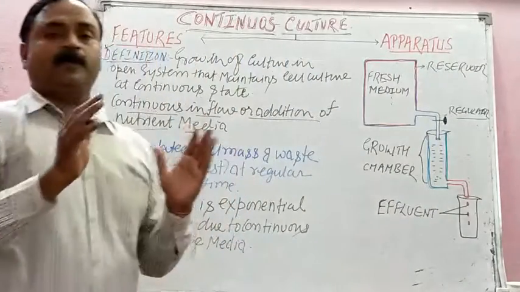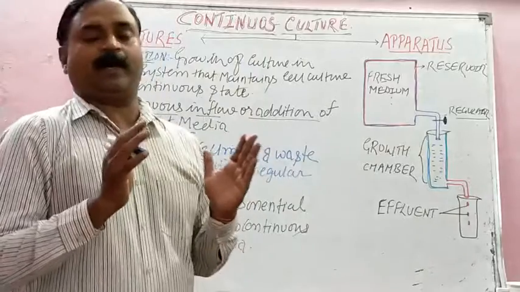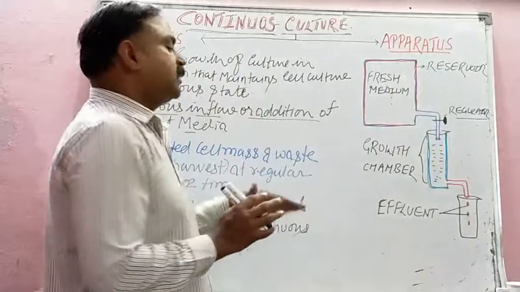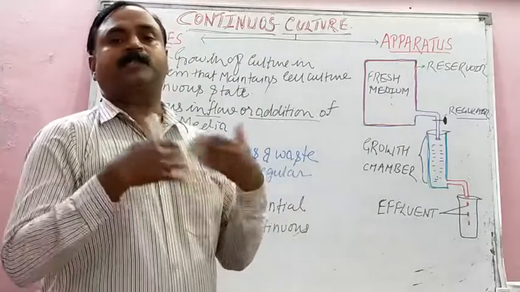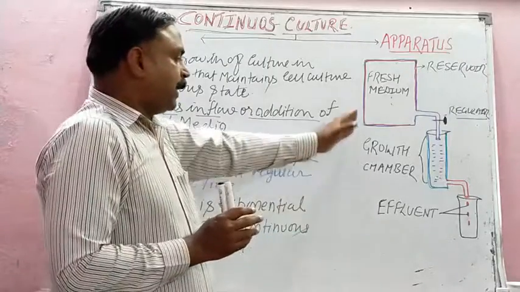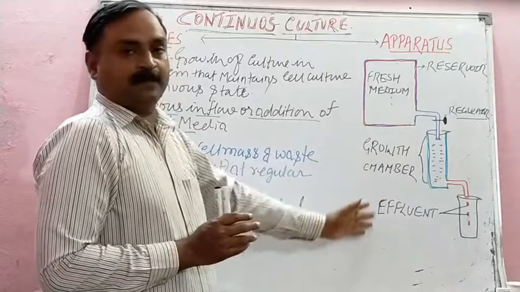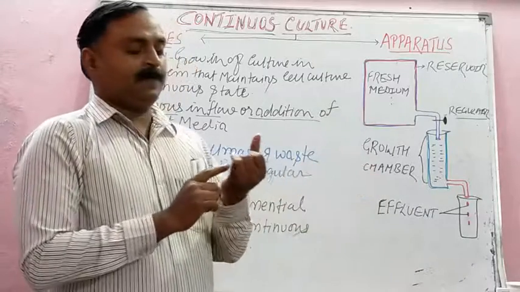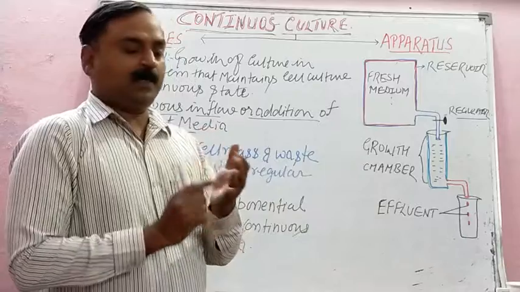And students, one important thing I want to inform you in the last. After this we study downstream processing. After the biosynthesis of the product, we separate the biosynthetic product and we purify it.